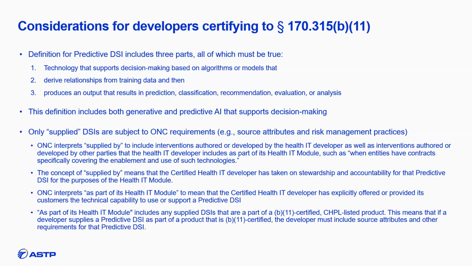This means that if a developer supplies a predictive DSI as part of its product that is B11 certified, the developer must include source attributes and meet other requirements for that predictive DSI, such as risk management, according to the final regulation. Okay, next slide, please.